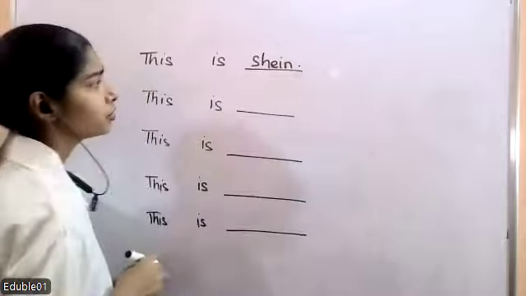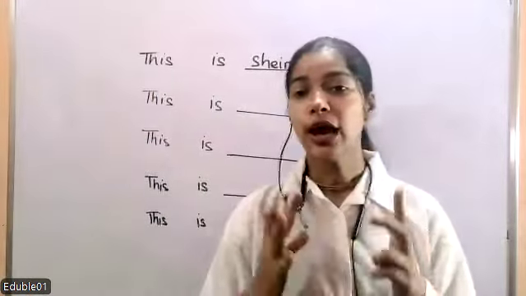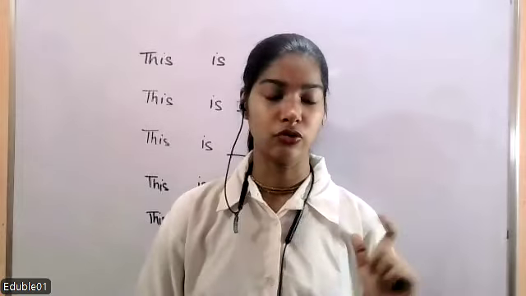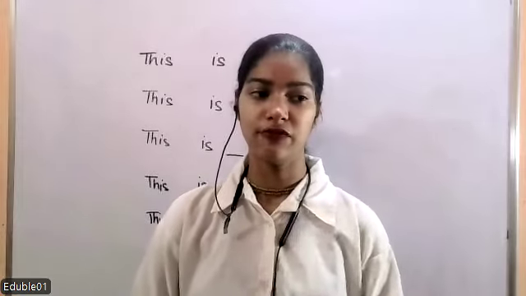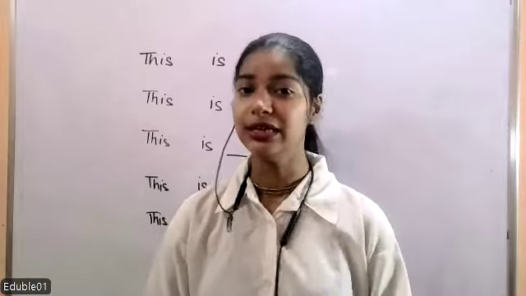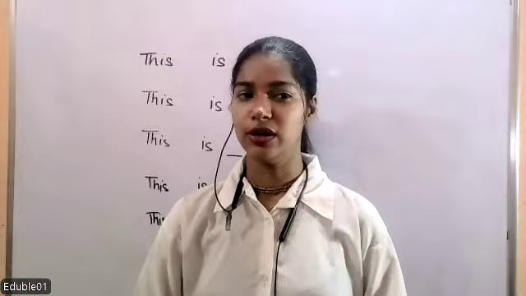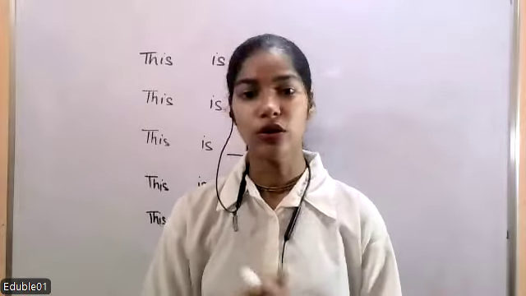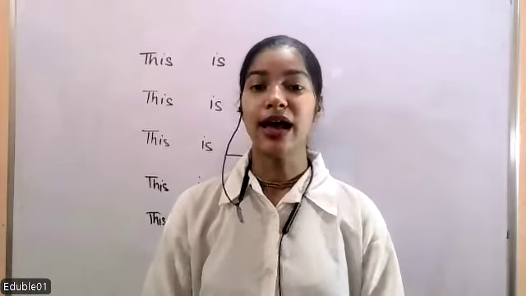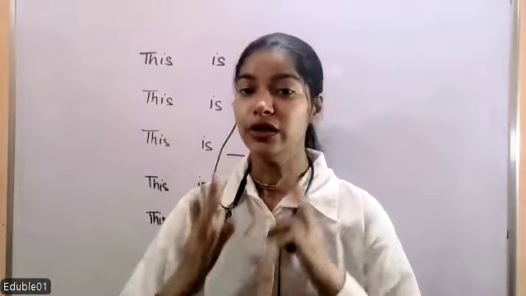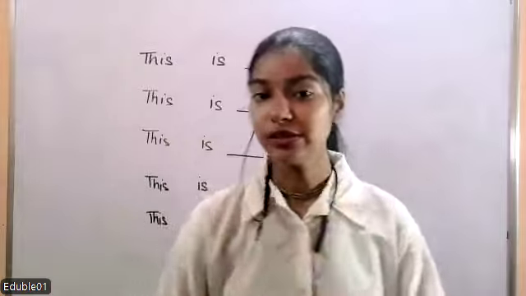Sheen is the name of a girl. We are talking about Sheen only. In a group of 5 kids, if one of them is Sheen and I say hi Sheen, only Sheen will respond. No other student will respond. Why? Because I am taking a specific name of a person.